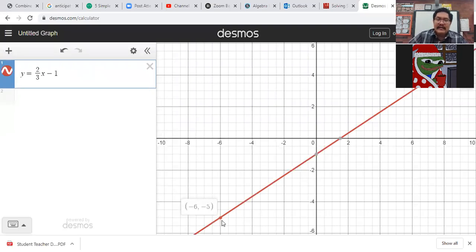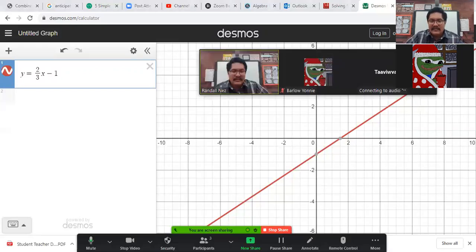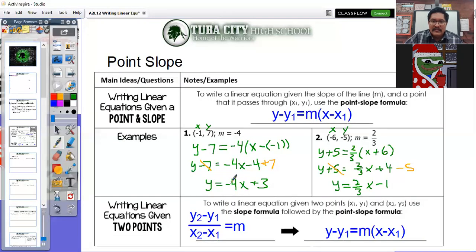We have a line that goes through -6, -5 and has a slope that is up 2/3. So you can also use Desmos to check your work. And if we did that same thing to the other graph, it would also work out. If I typed in y equals -4x plus 3, it will go through this point, assuming we did the work right.